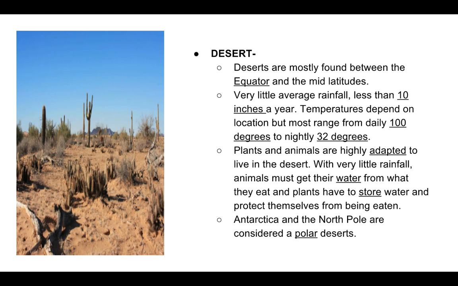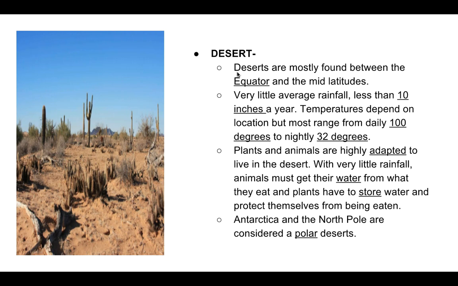Antarctica and the North Pole are considered polar deserts. Okay, so it is in this presentation, but those places above the coniferous forest are more extreme. So they're getting less rainfall. That is one characteristic of a desert: less rainfall.